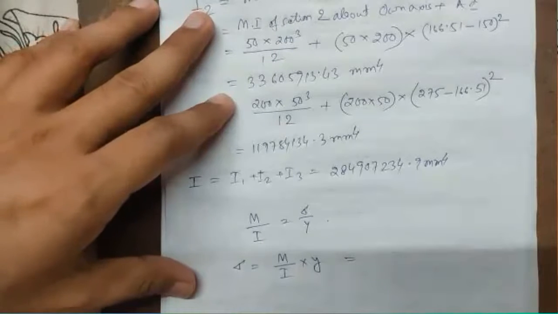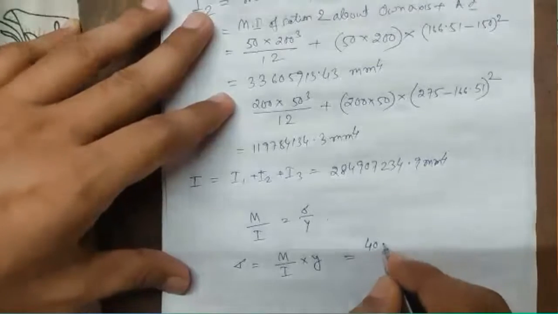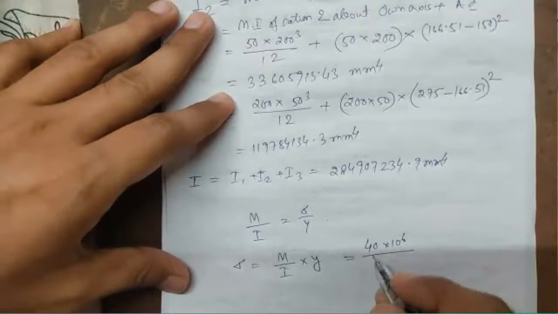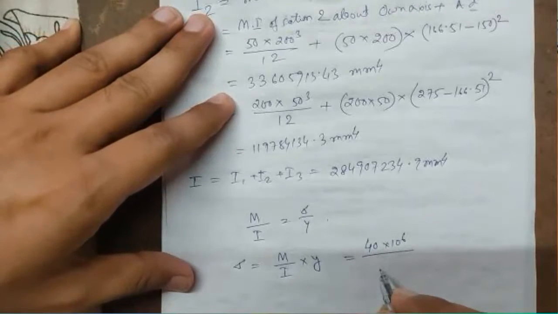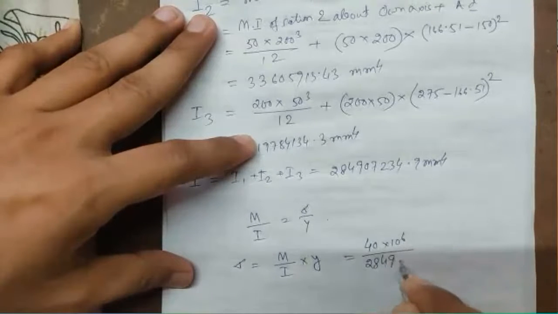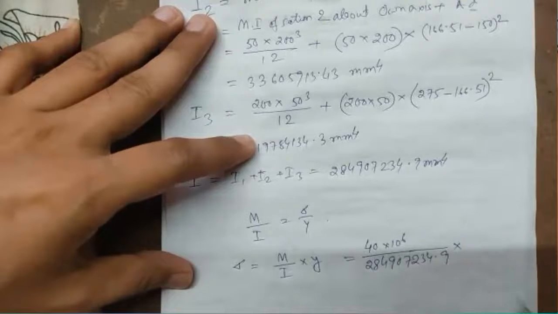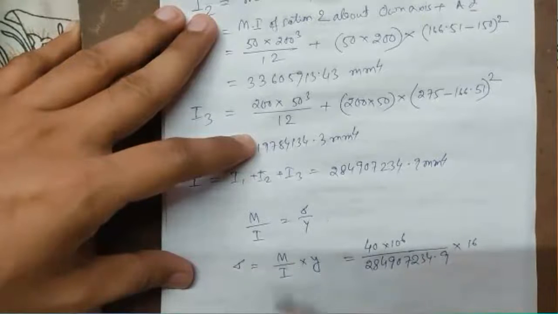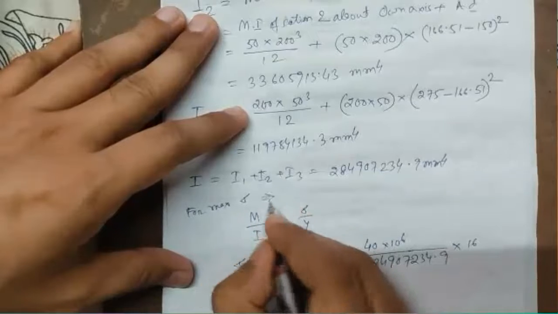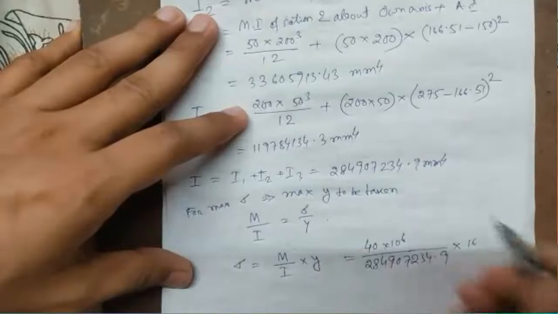We have to convert it into Newton mm, so 40 into 10 to the power 6 Newton mm, by I is 284907234.9, into Y, which is max Y here, for max sigma, max Y to be taken.